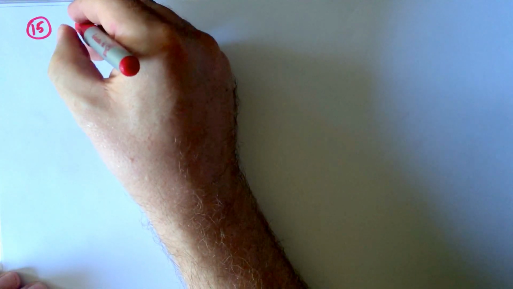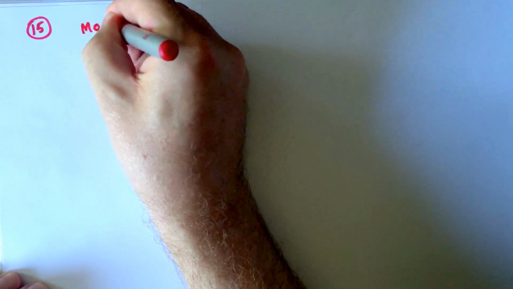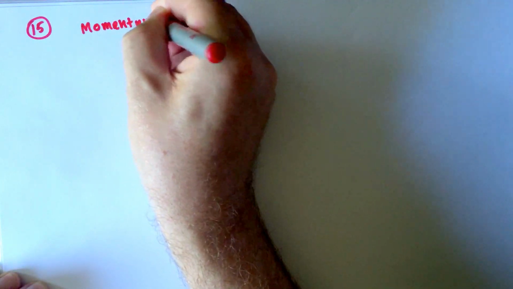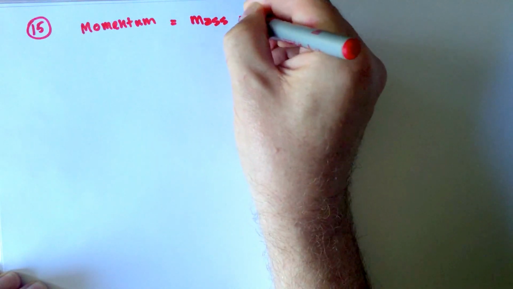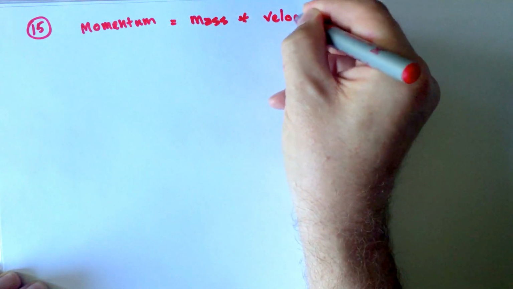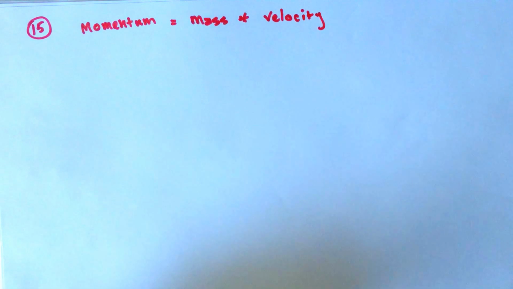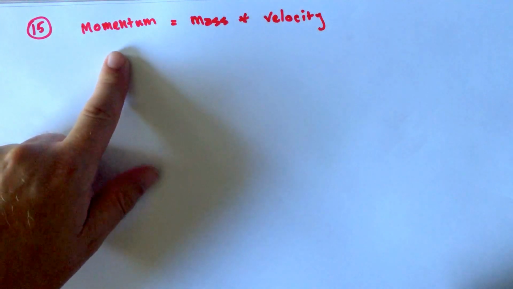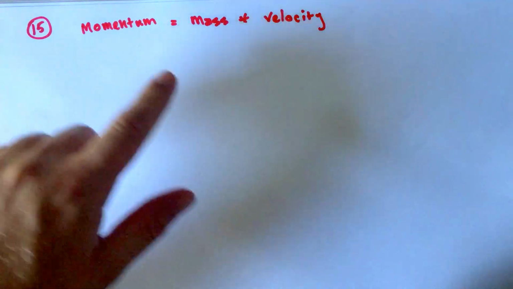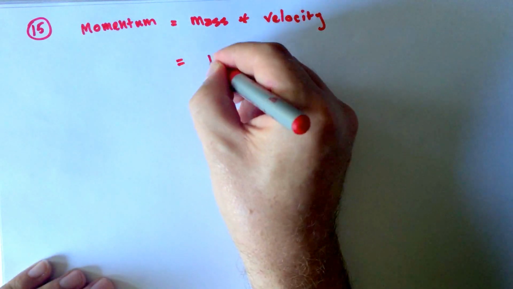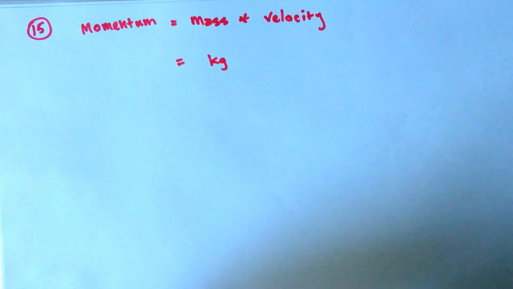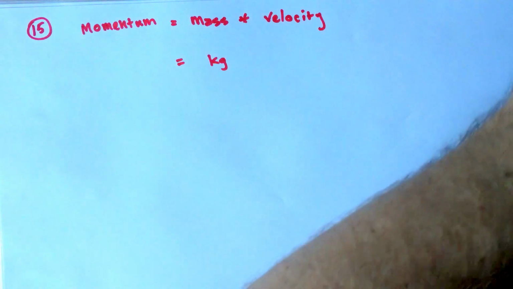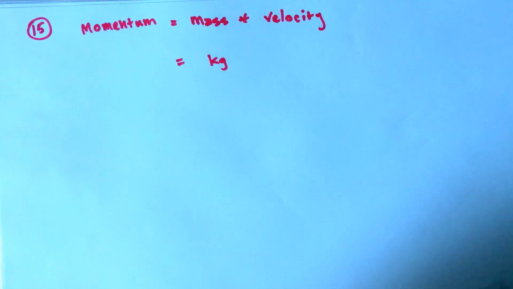So I could say that momentum is equal to mass times velocity. And because of that, I know that whatever the units of momentum are, they have to equal the units of mass, that is kilograms. How did I find that? Well, if that's not automatic yet, it will be.